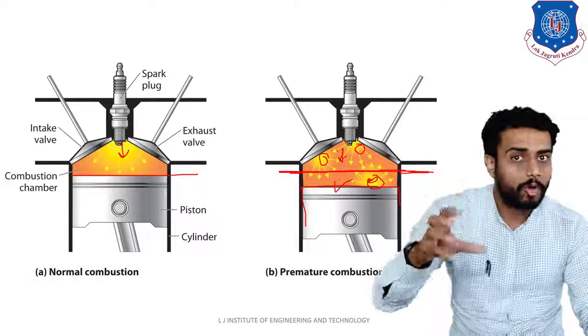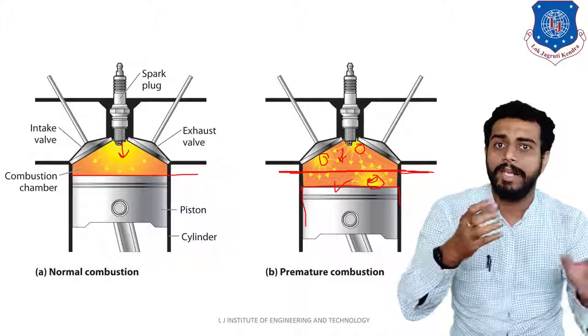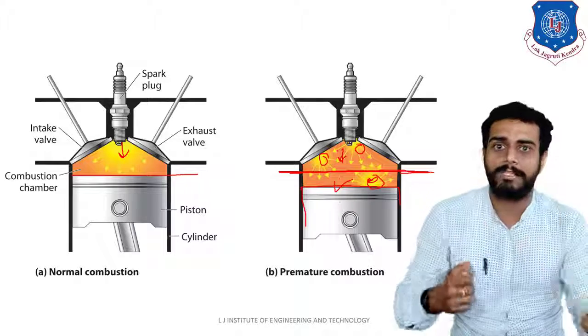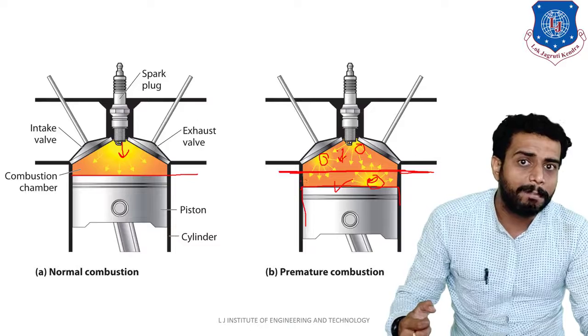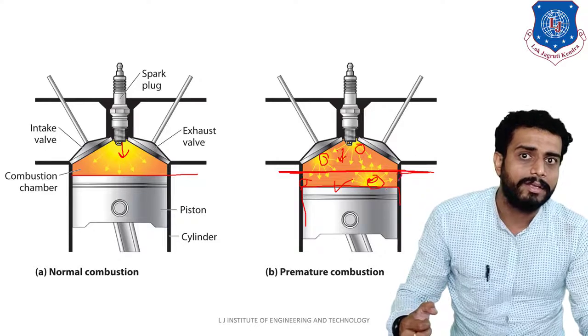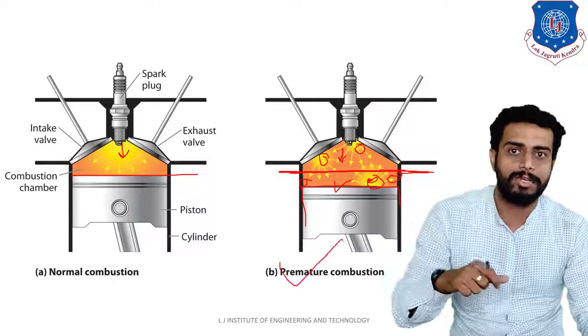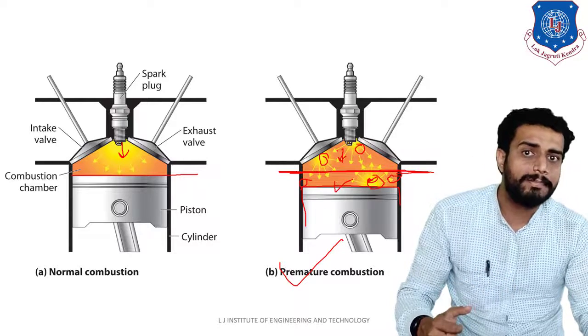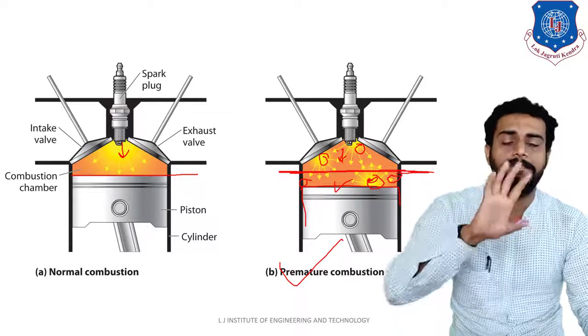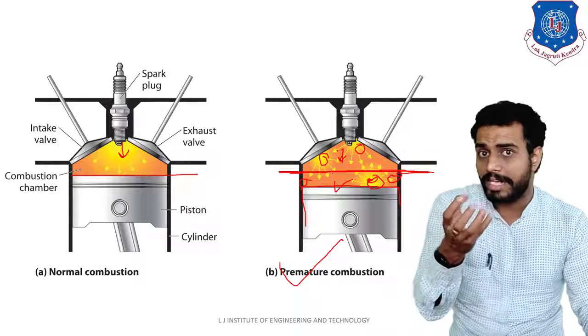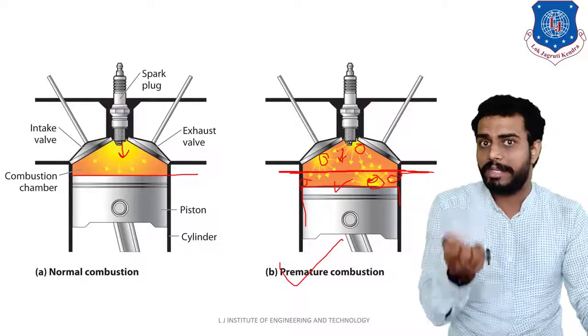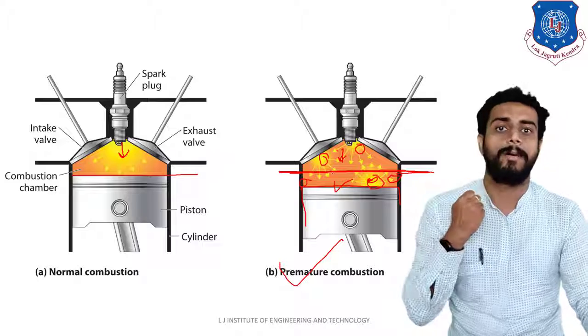Due to this knocking or detonation, it will tend to remove the material, because the combustion is taking place anywhere in the cylinder cavity. That is known as premature combustion. This premature combustion, taking place anywhere in the piston cylinder cavity, will tend to erode the material of the cylinder as well as the piston top.